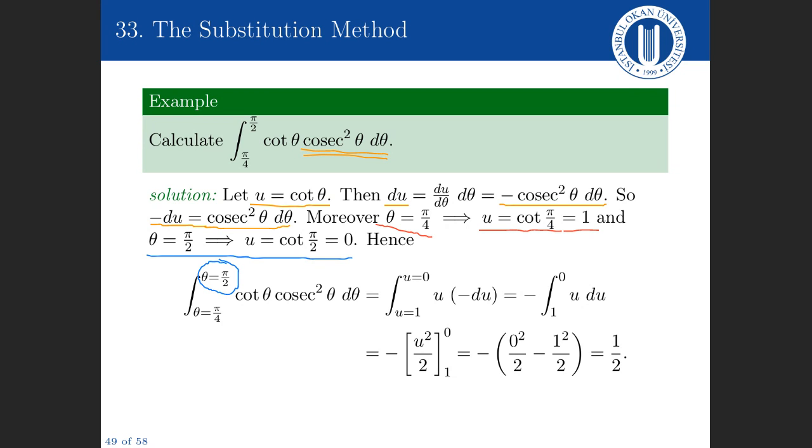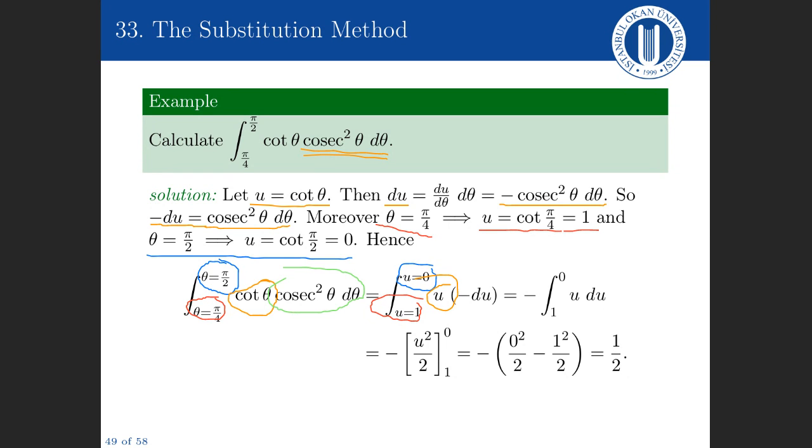Instead of theta equal to pi over 2, we replace this by u equal to 0. Instead of theta equal to pi over 4, we replace this by u equal to 1. Instead of cot theta, we replace this by u.